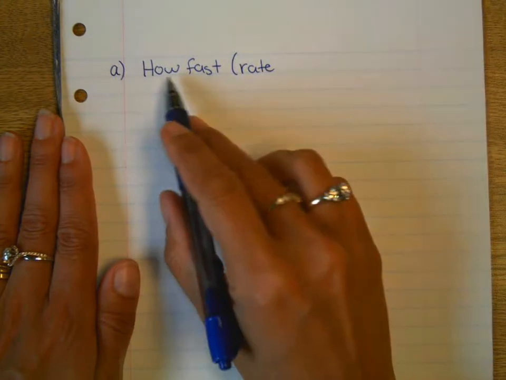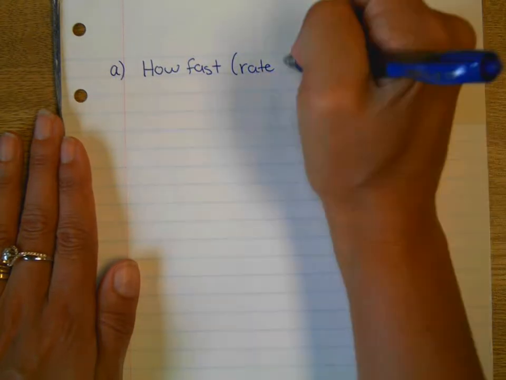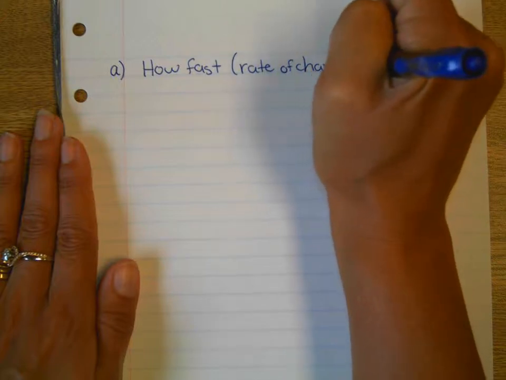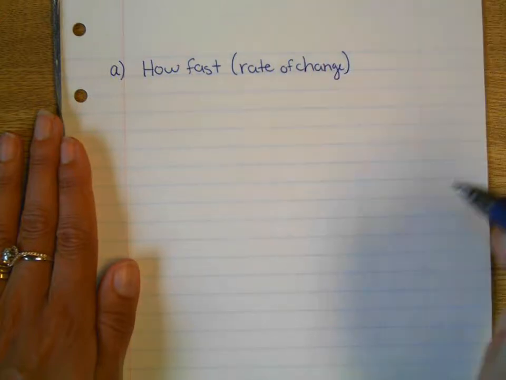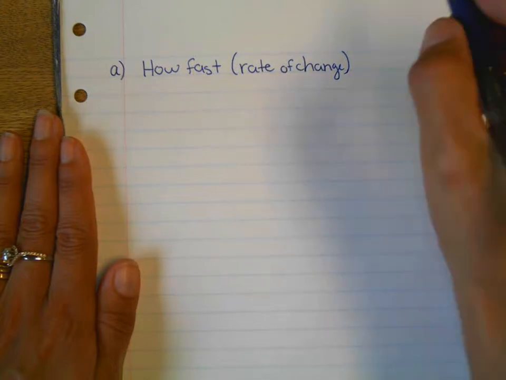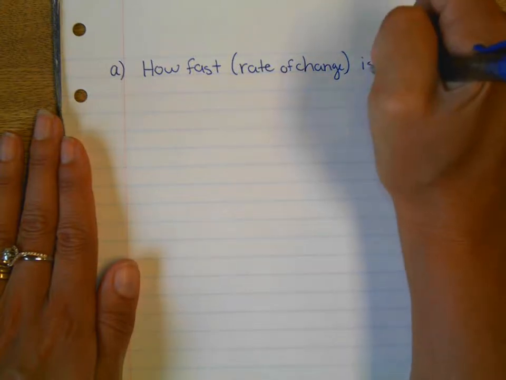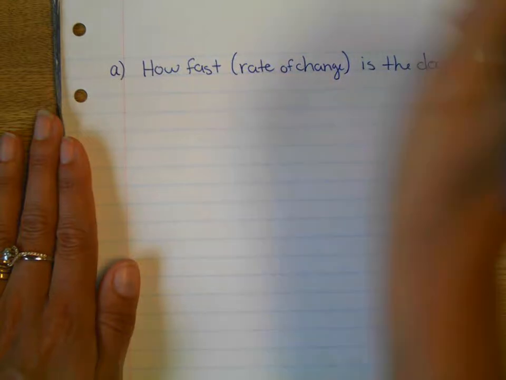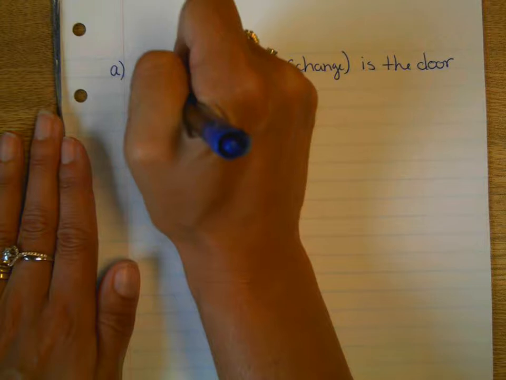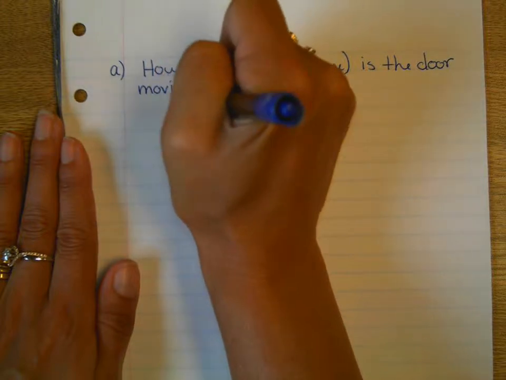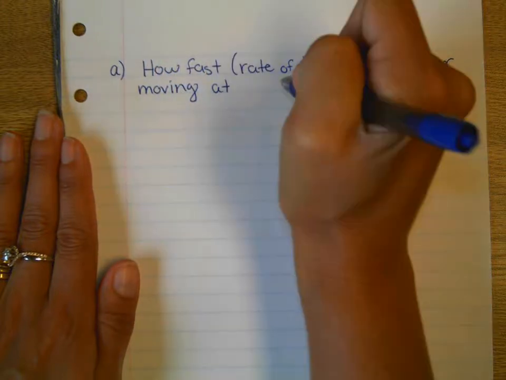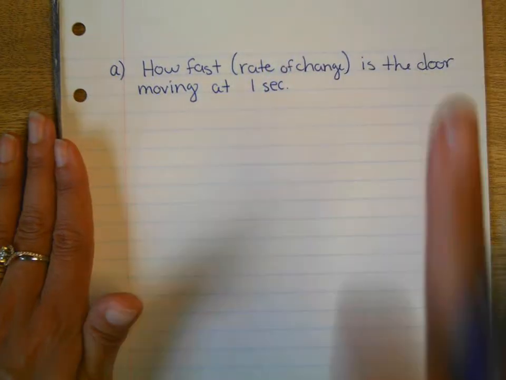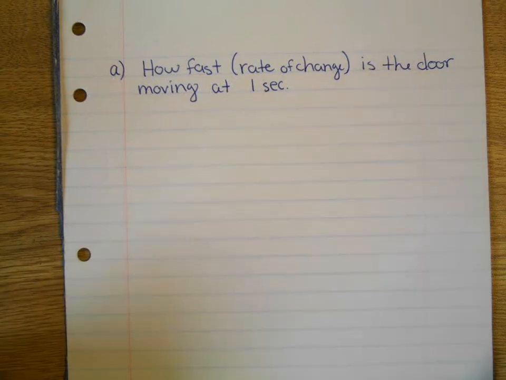So anytime you're seeing that phrase, how fast, think rate of change, rate. So how fast is the door moving at 1 second? So that means 1 second after you've pressed the button, how fast is that door moving?